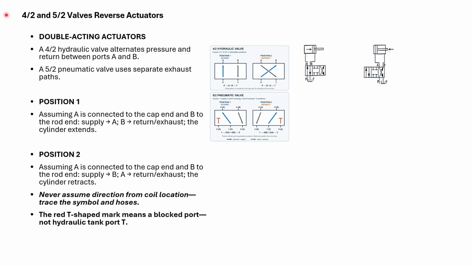4 by 2 and 5 by 2 valves reverse the actuator. Here is a simple DCV. Here is the actuation. Position 1. Assuming P goes into A from the cylinder's left, then the cylinder moves right, the cap end, and B moves.